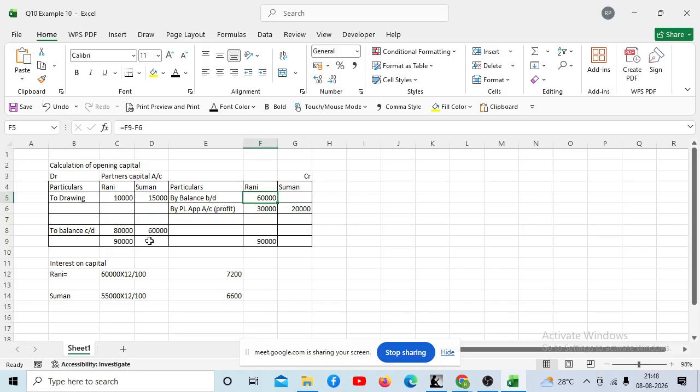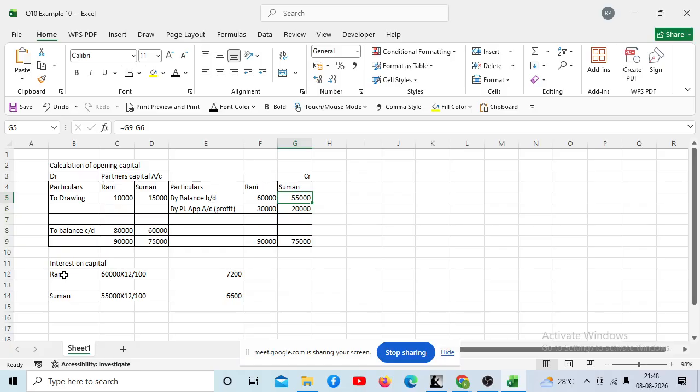Similarly, we will do it for Suman also: 75,000 minus 20,000 is 55,000. Now, since we have got the opening capital, we can calculate interest on capital.